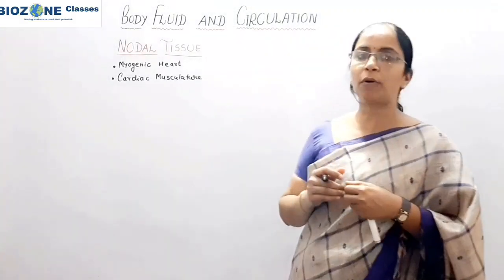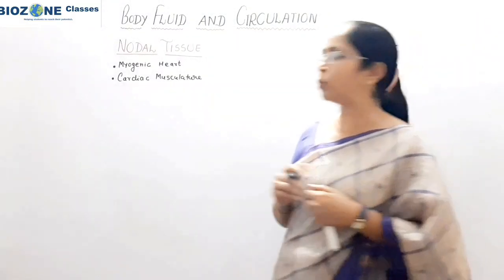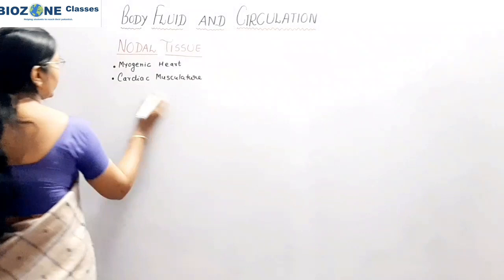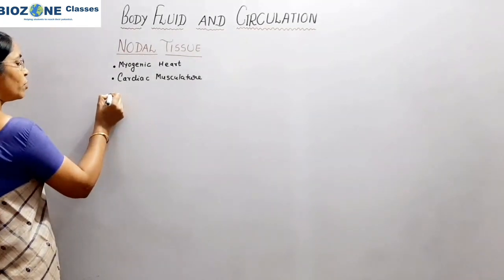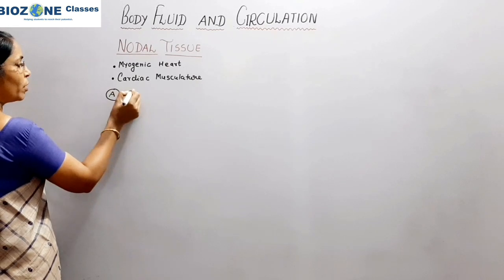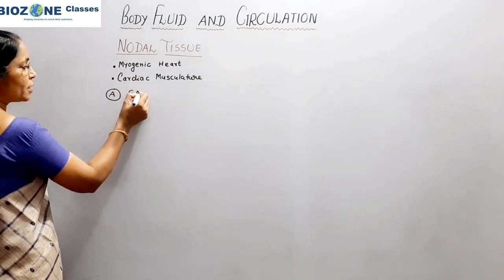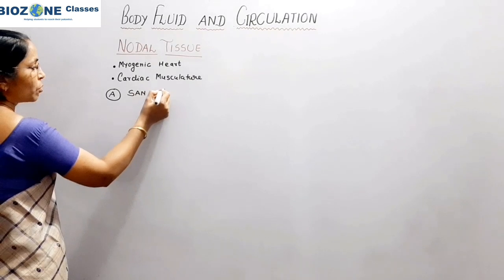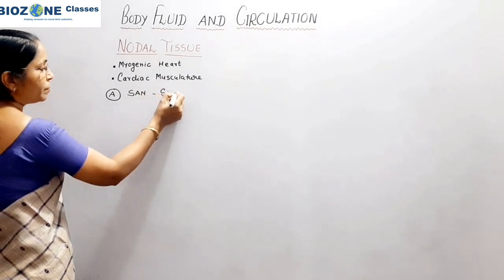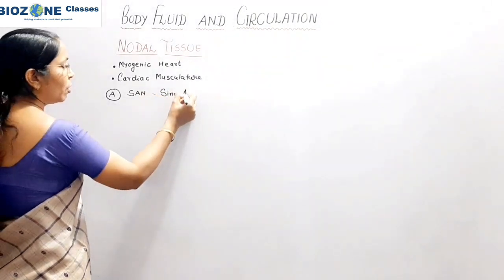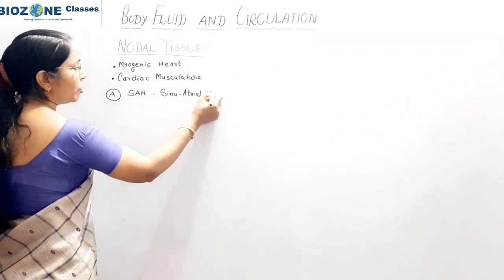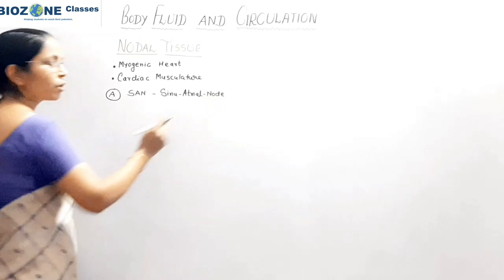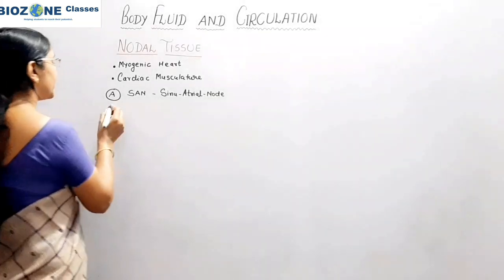Now how many types of nodal tissue are present? The first nodal tissue is commonly called SAN, the sino-auricular or sinoatrial node, or in short SAN.